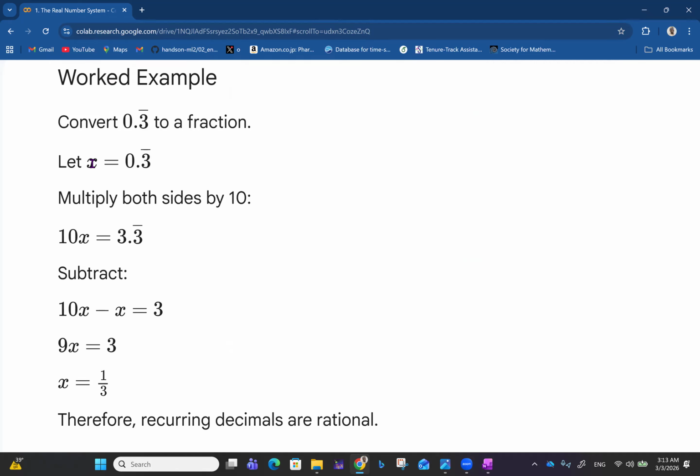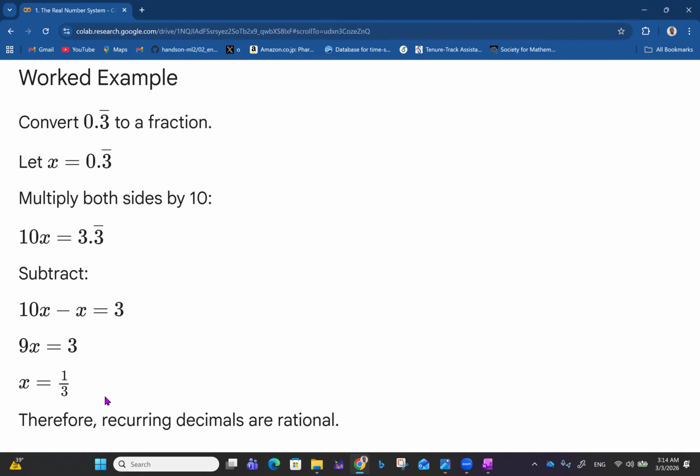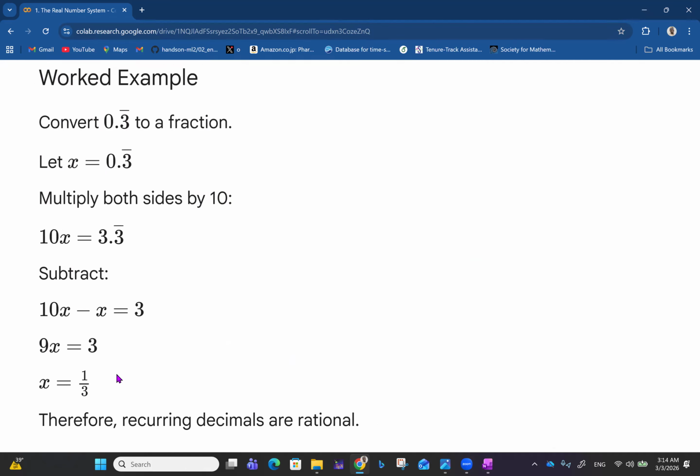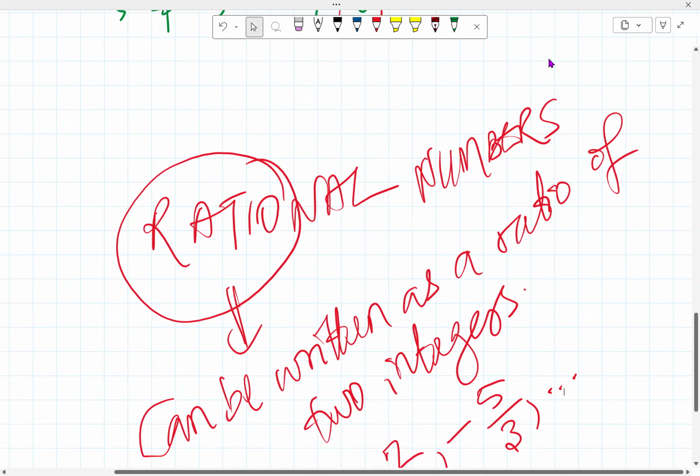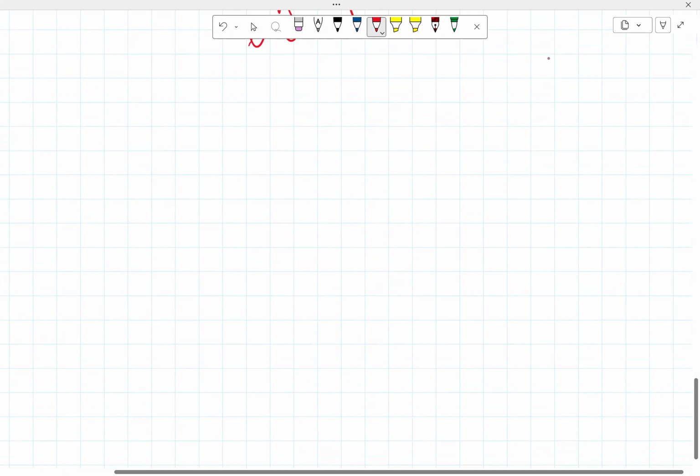So you have 10 times x, and if you multiply 0.33333 by 10, you know that you are going to get 3.333333 like that. So this is exactly what we are doing. The answer ends up being 1 over 3. We already know 1 over 3 gives us that. I want to take it over to the other side, right? You're looking for the fraction form of this, like we said.